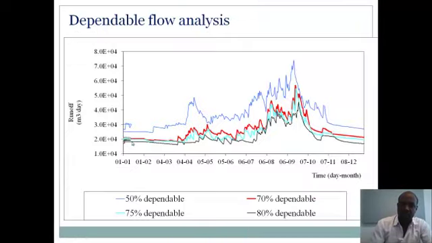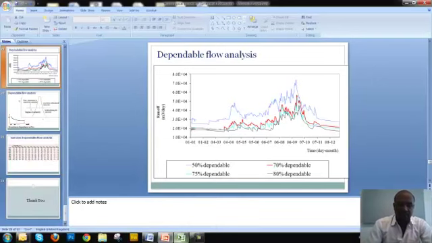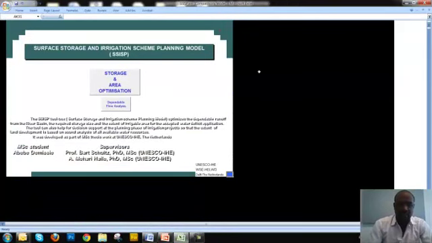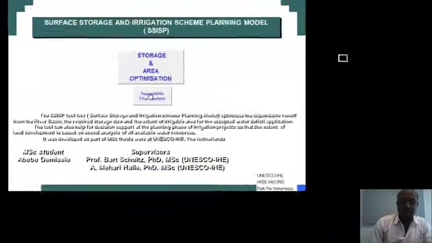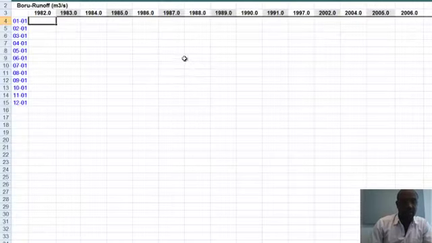Anyhow, after doing that, for instance, this is the tool. The tool is basically made not only for dependable flow analysis but also for storage and area optimization, but now we'll see only the dependable flow analysis.